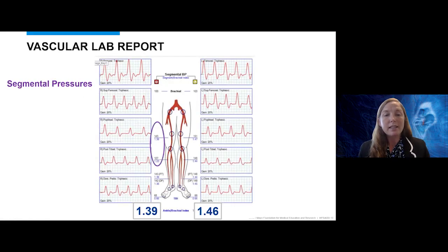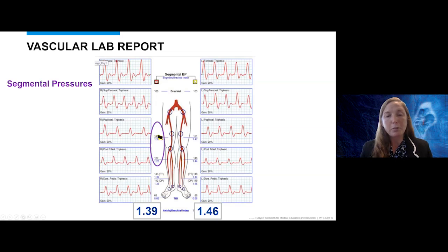So on this vascular lab report, each of these blue circles is where the evaluation or Doppler testing was done. And we can look here for that segmental pressure difference.